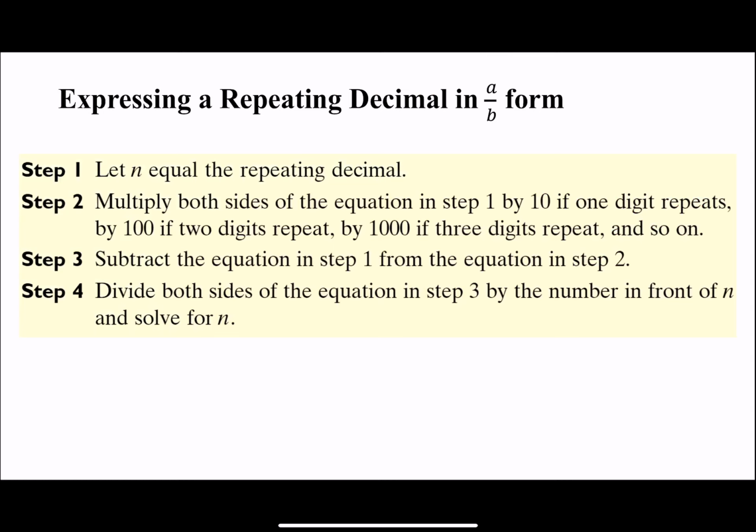Step 2, multiply both sides of the equation in step 1 by 10 if one digit repeats, by 100 if two digits repeat, by 1000 if three digits repeat, and so on. Step 3, subtract the equation in step 1 from the equation in step 2. Step 4, divide both sides of the equation in step 3 by the number in front of n and solve for n.